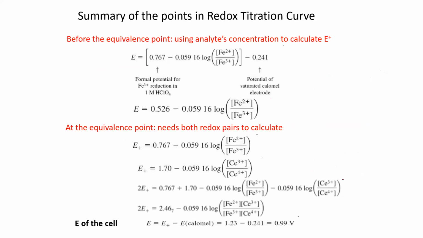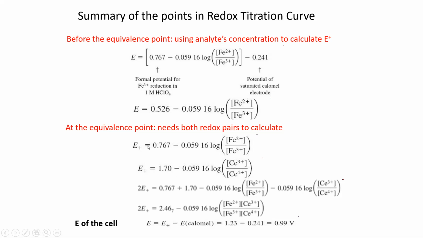So in summary, bringing everything together, and you have to note this: before the equivalence point, we have your iron 3, which is the potential of iron 3. This is your reference electrode, and this is your next equation ratio. If you look at this, you get our reaction potential before the equivalence point. And like I said, if this is 1, this will be 0, and you can get your electrode potential.